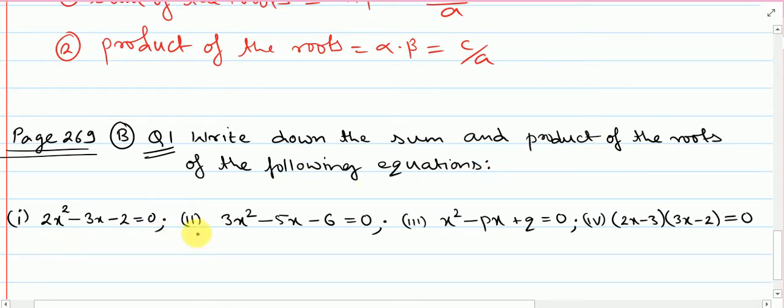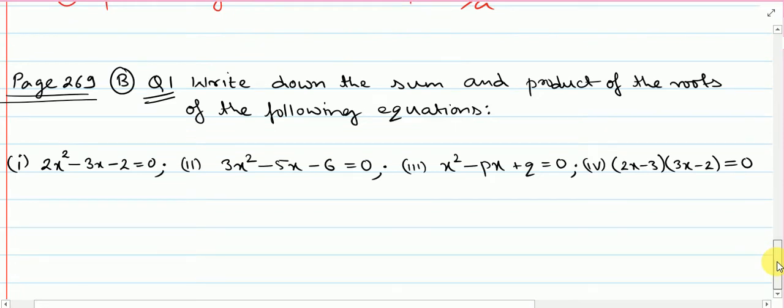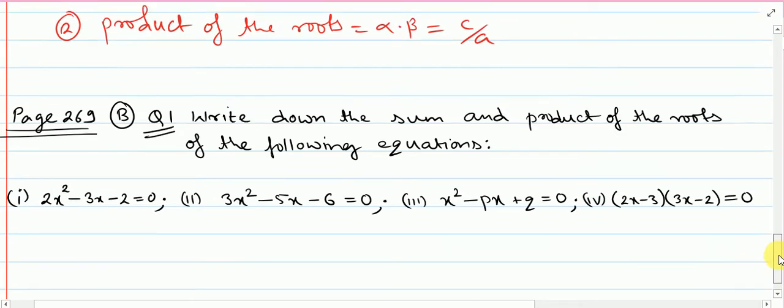So here we have got 4 quadratic equations, and for each we have to find the sum of the roots and the product of the roots. Okay, so in order to find the sum of the roots or the product of the roots, we don't have to find the roots separately and then add them.